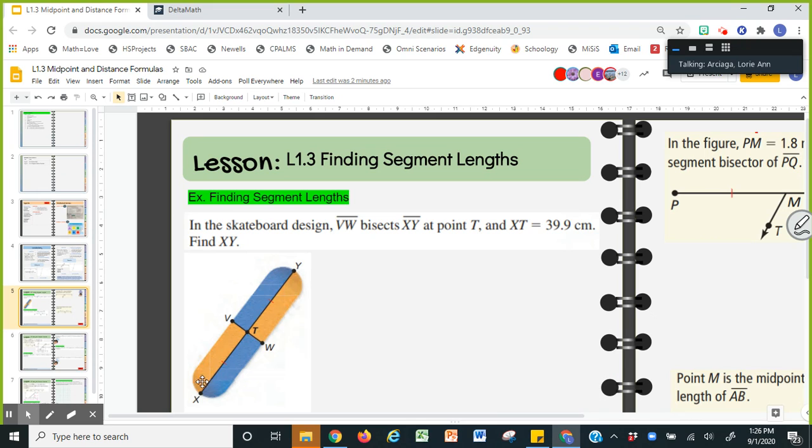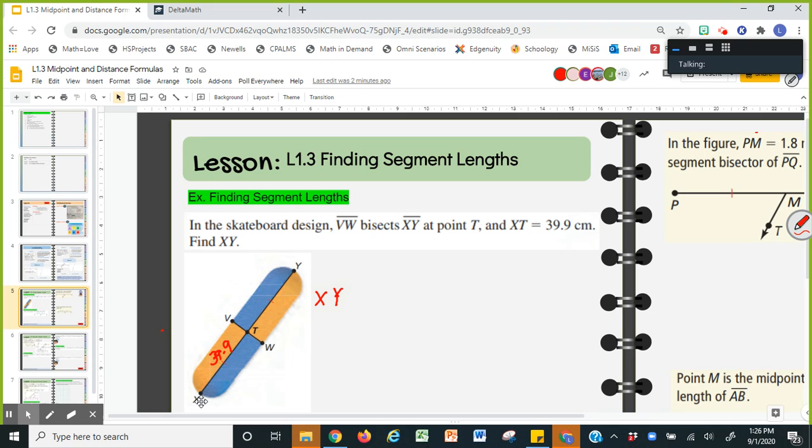XY is the whole thing. In the example, it said XT is 39.9, and you're looking for the whole XY.